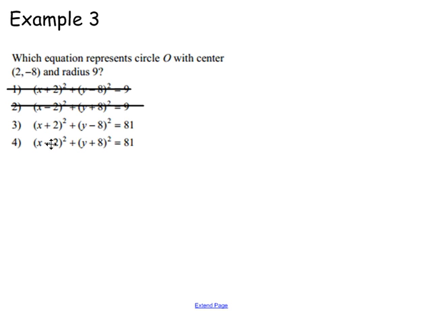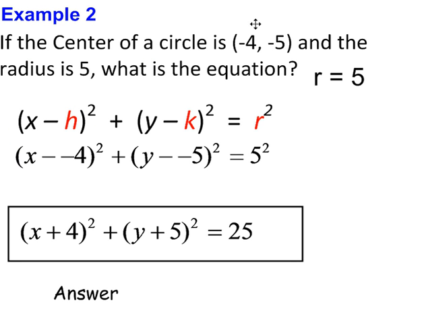Now, the other thing you should be noticing is the following. When h is negative and when k is negative, in the formula you're going to have plus signs. The reason is that the subtraction sign from the formula is just going to automatically change the signs of h and k.